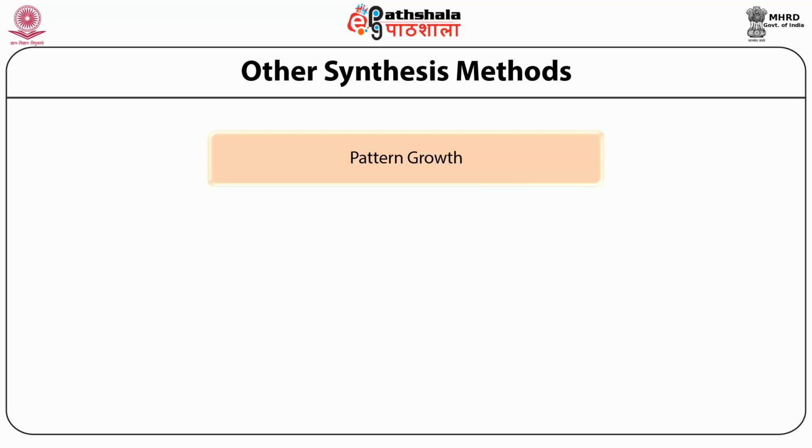So in that case, we have to pattern our substrate in such a way that carbon nanotubes should grow only where we want. This patterning can be done using photolithography or electron lithography, where we put our catalyst particle in a desired position and place this substrate in the furnace to grow carbon nanotubes.